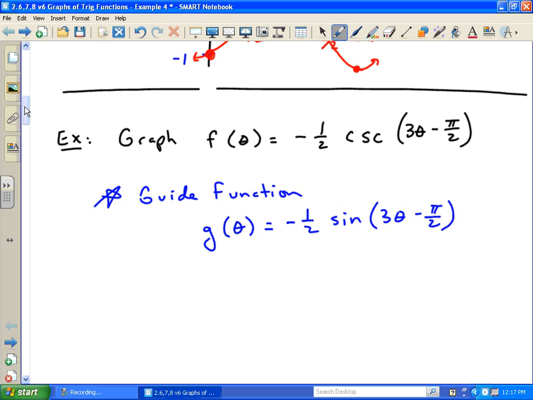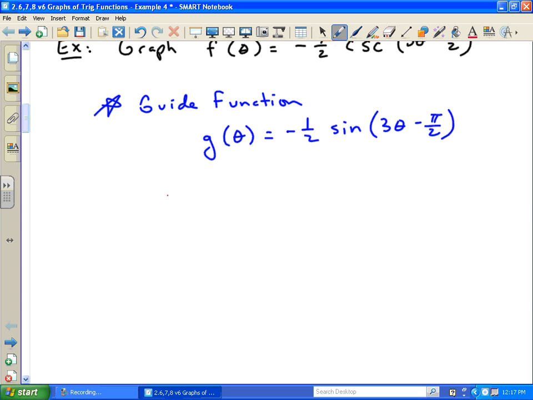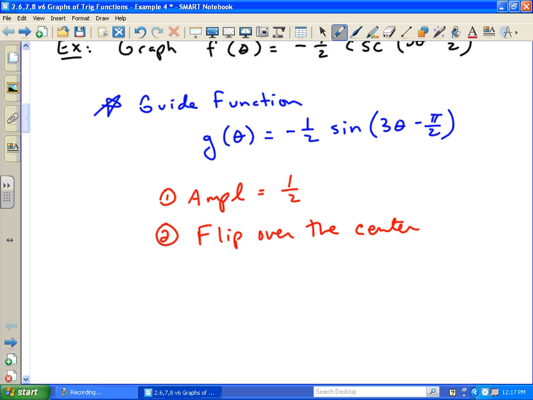Okay, now for the guide function, a couple of things to note. Number one, we have an understood amplitude of 1/2. It's negative, which indicates that we're going to have a flip over the center line. Now don't ever put a negative sign with an amplitude. Amplitude is basically the distance from the center line up or the center line down.